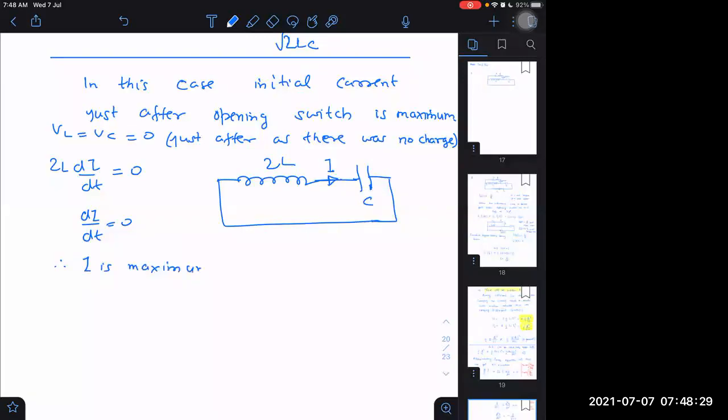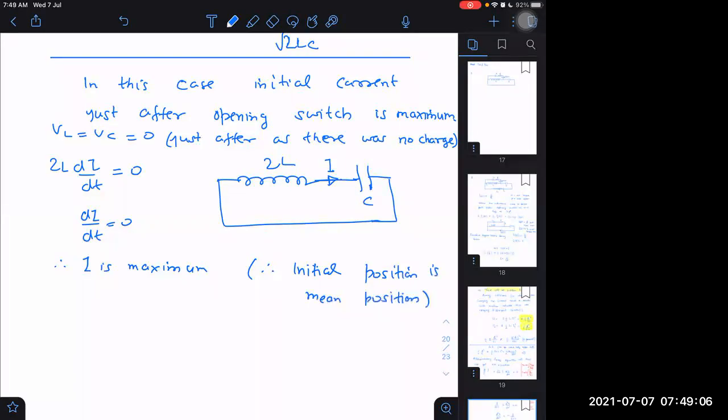I told you the way to identify whether it is an extreme position or not: when VL is 0 or I is maximum, then we understand that it is the mean position. I maximum is like velocity maximum, so it is already the mean position. Therefore, the initial position is the mean position.